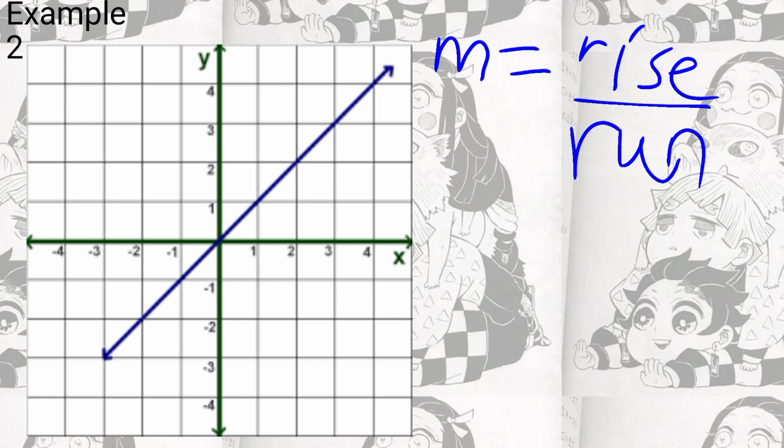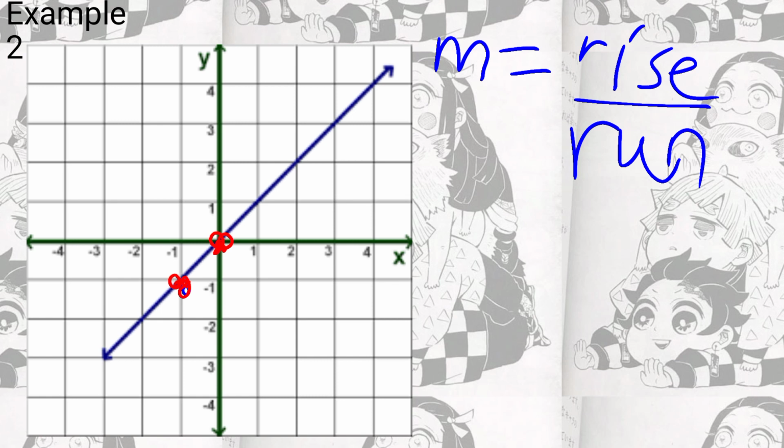Let's have a point here. I'm going to use another color. Let's say there is a point here and another point here. You can use any of the points that the graph passes through.